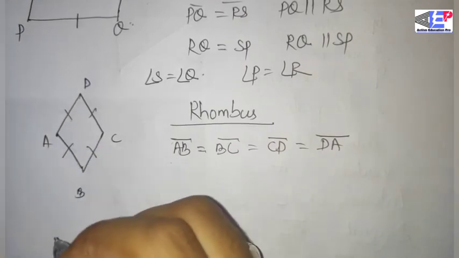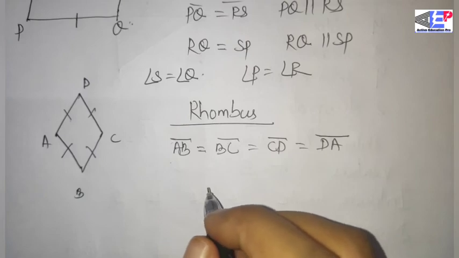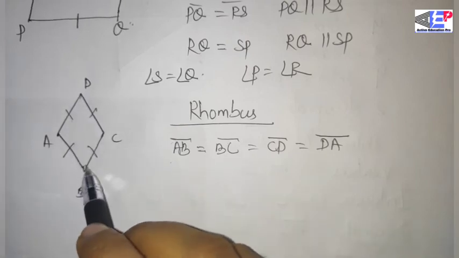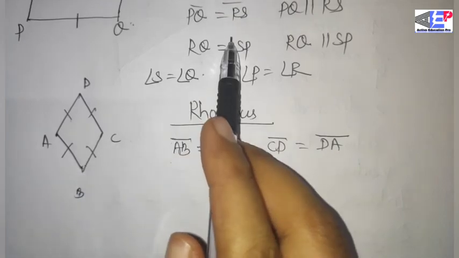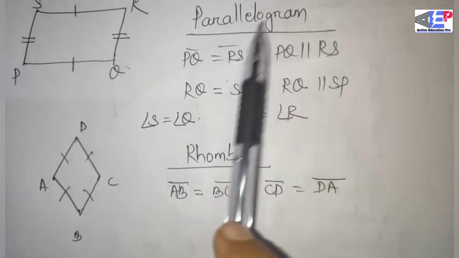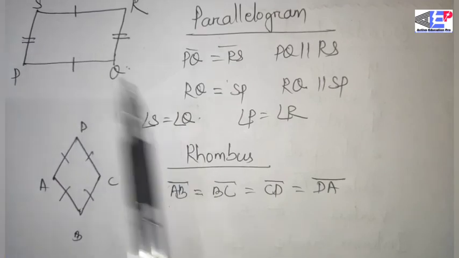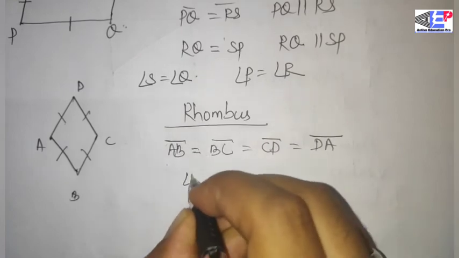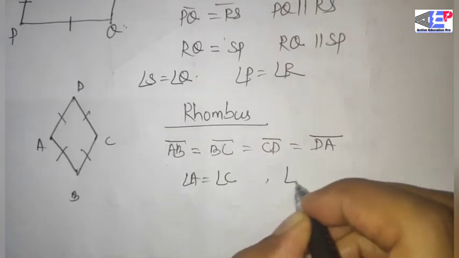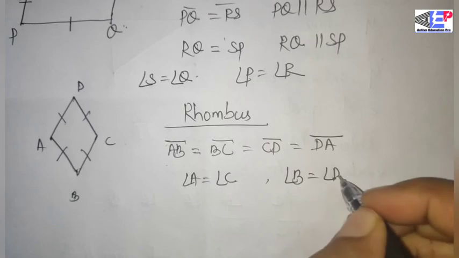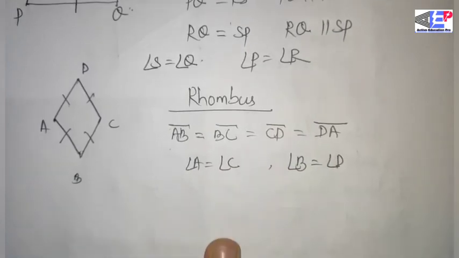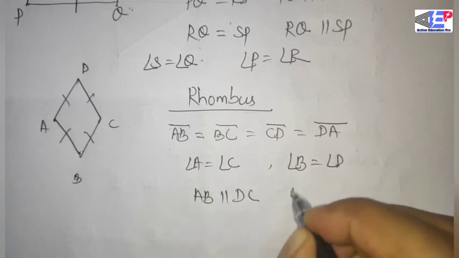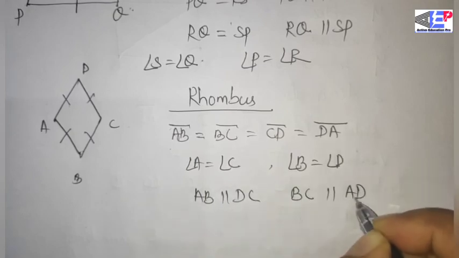And opposite angles are equal, similar to a parallelogram. Similarly in a rhombus, A angle is equal to C angle and B angle is equal to D angle. And yes, opposite sides are parallel. Means AB is parallel to DC, BC is parallel to AD.